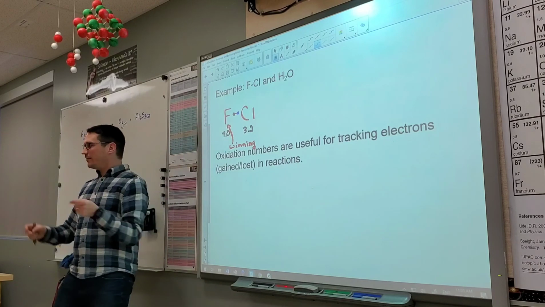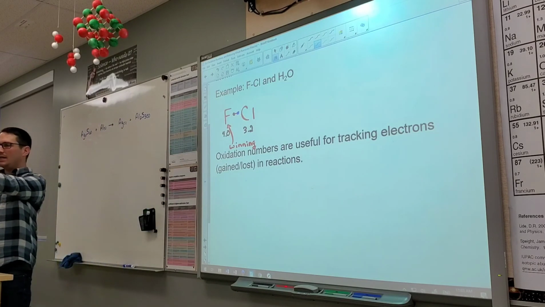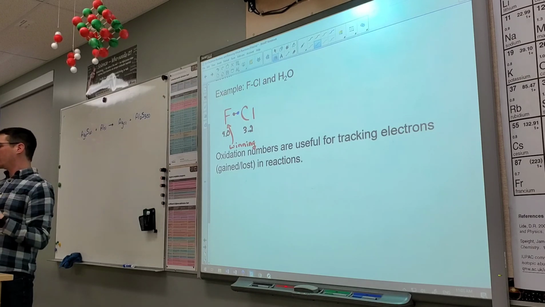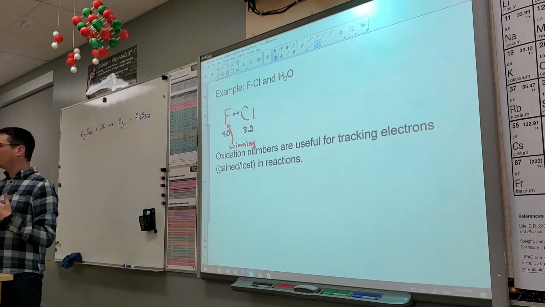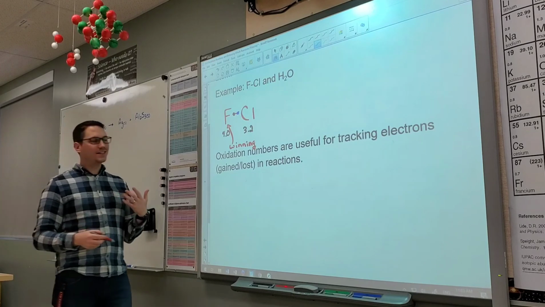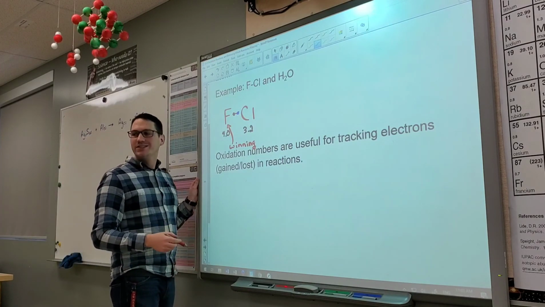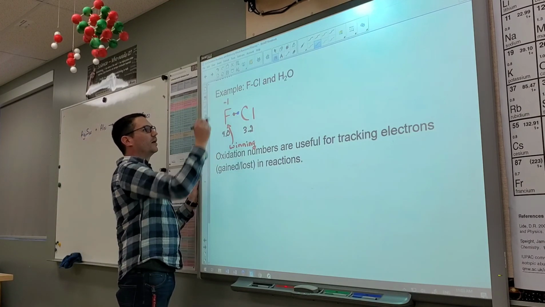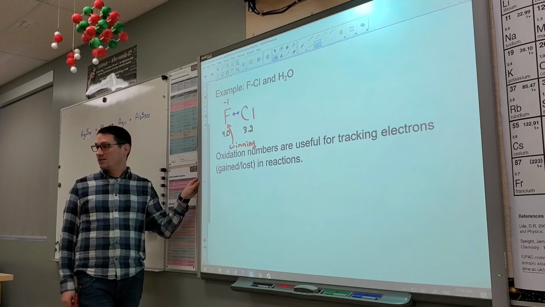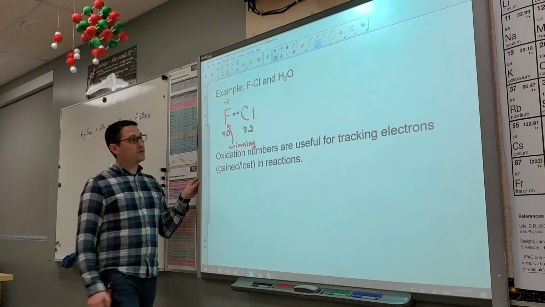So if it has temporarily gained an electron, what temporary charge do you want to give it? If something gained 1 electron, what charge would it have? Negative. -1. So we would have an oxidation state of -1. And chlorine, if it temporarily lost an electron, what oxidation state would it have? +1.